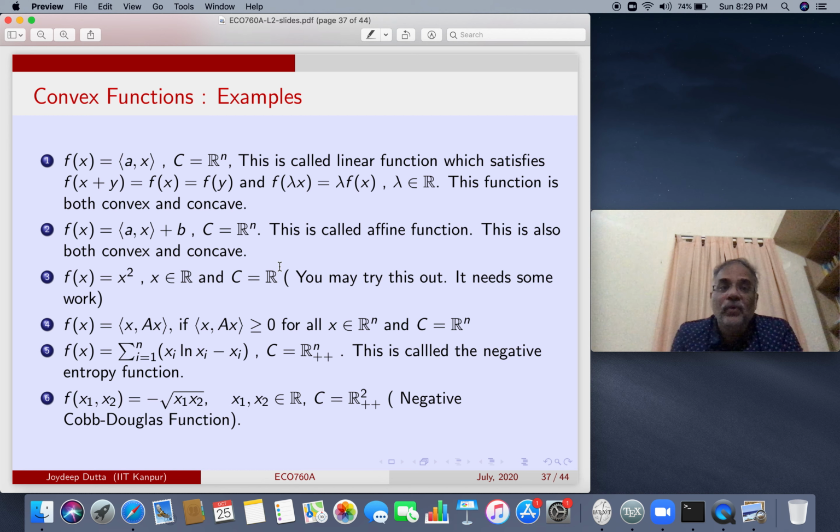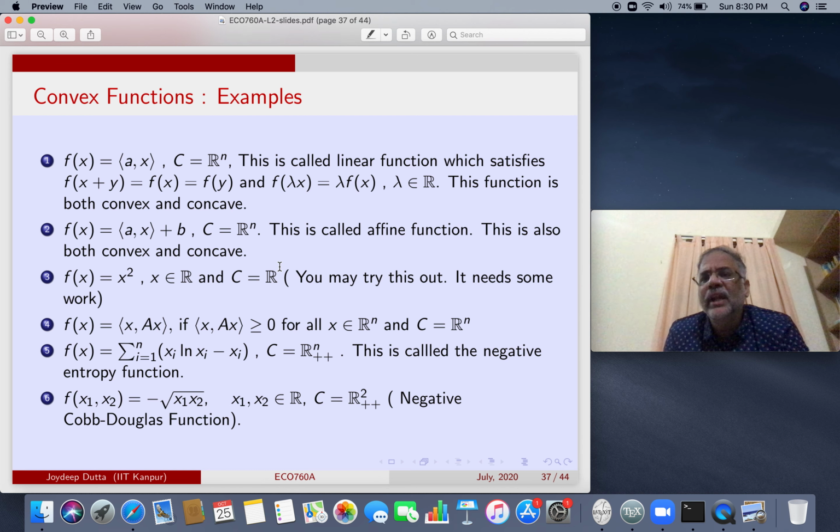It's called a quadratic form, and if it is greater than or equal to 0 for all x element of Rn, and here the domain is whole of Rn, then f of x is a convex function. A very famous function is used effectively in the barrier function techniques for convex optimization and in proximal point methods, etc., which we need not bother.